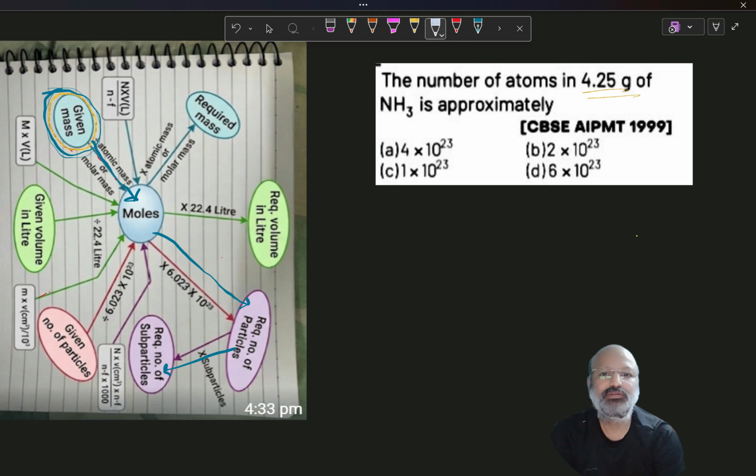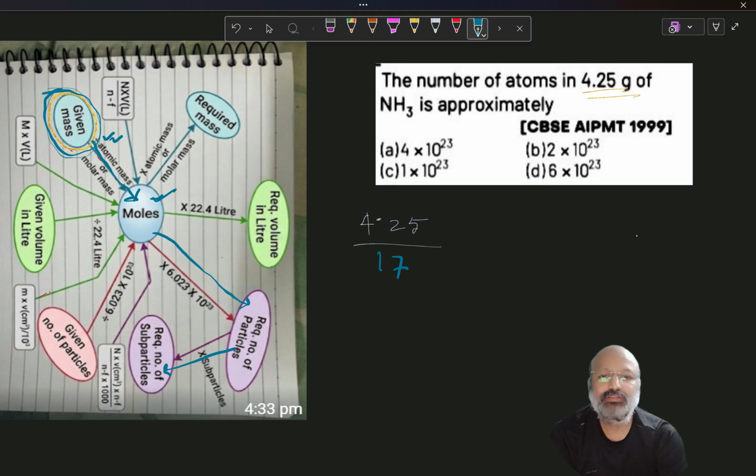So the given mass is 4.25 gram. So you need to divide. Here the division sign is there, which is not that visible, but still there is a 17 that will come. Now you have reached moles at this point.